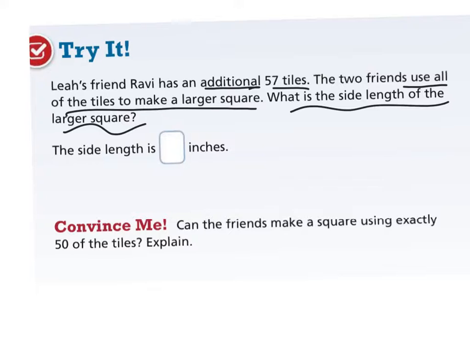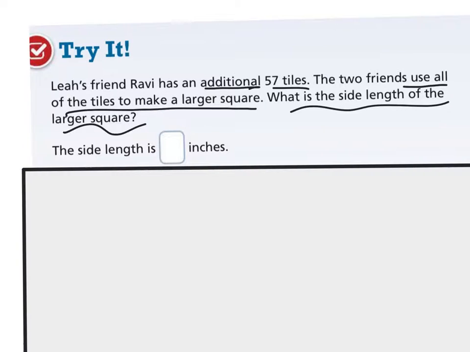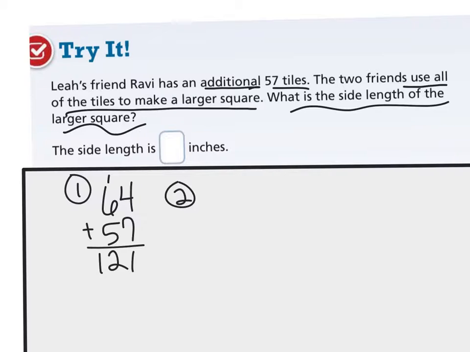We had before 64 tiles, and now we're getting an additional 57 tiles. If we add these together, that tells us how many tiles we have all together, which is 121.